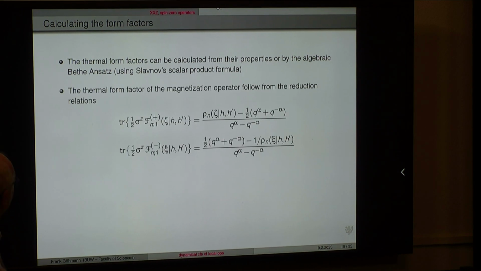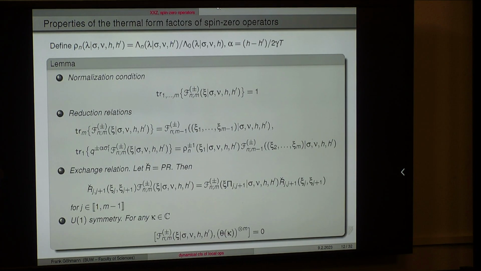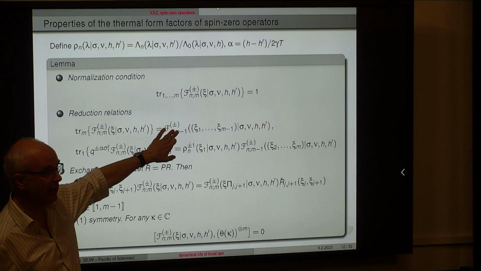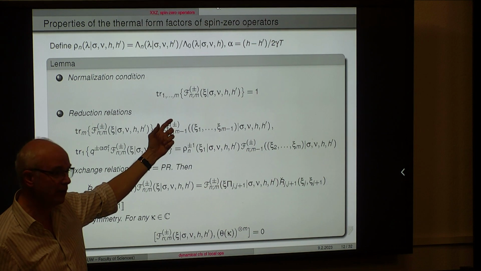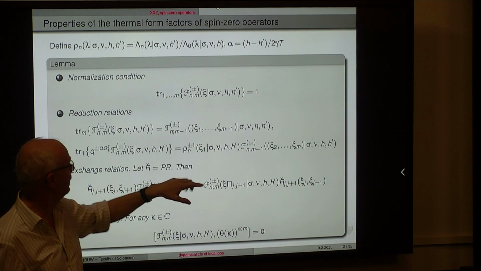Maybe I go back and show you this calculation. Here we have the reduction relations. When m is equal to 1, then on the right-hand side you have the identity, meaning the 2 by 2 identity matrix, 1, 0, 0, 1.